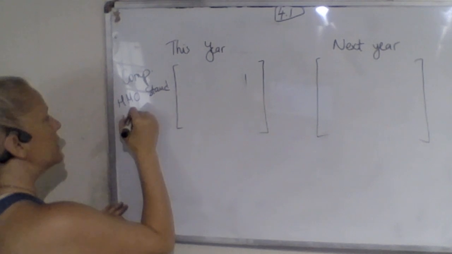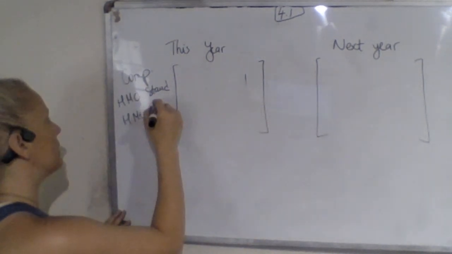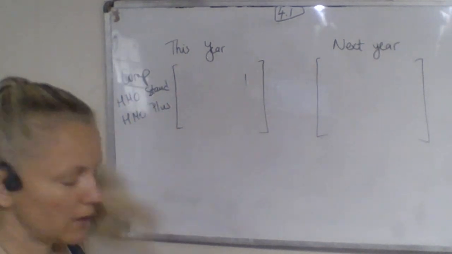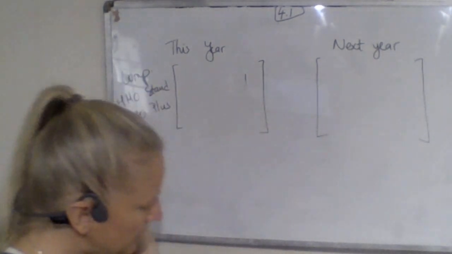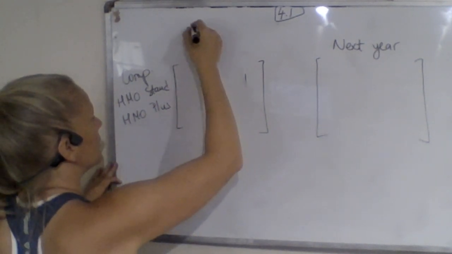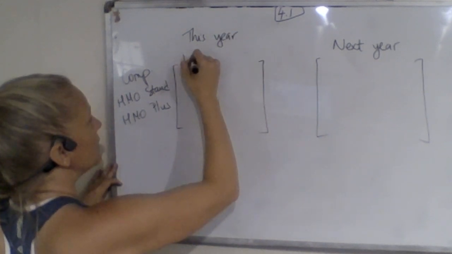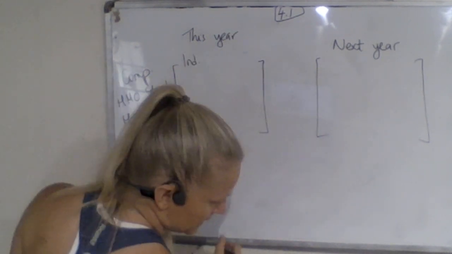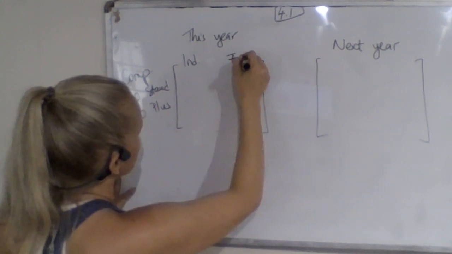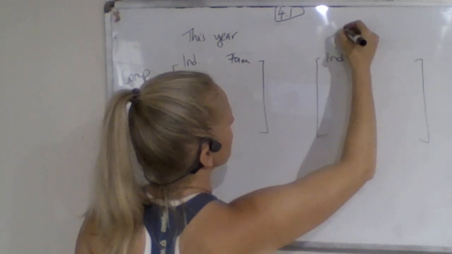And then you have HMO Plus, which gives you more health insurance. And now we know we have two different plans. You can get this health insurance by individual, or you can get it as a family.